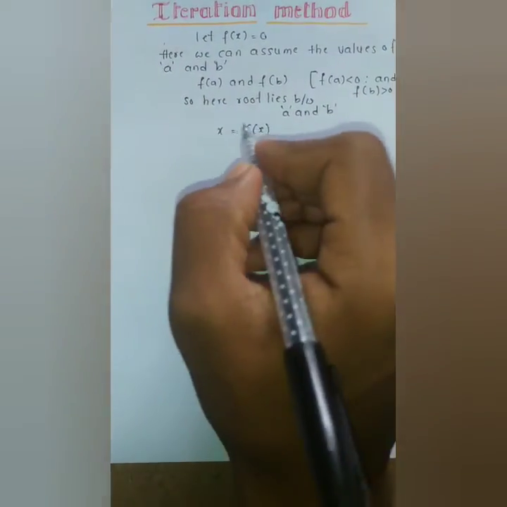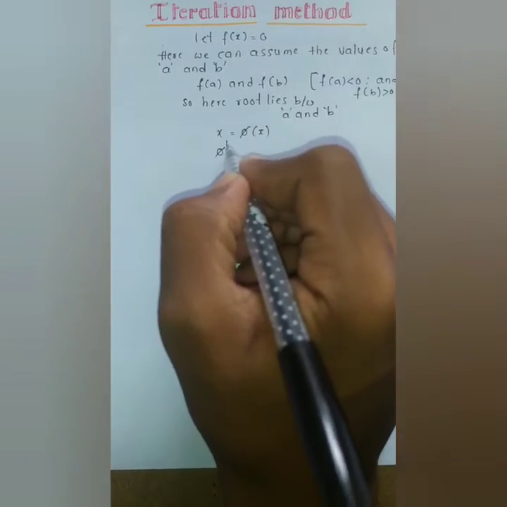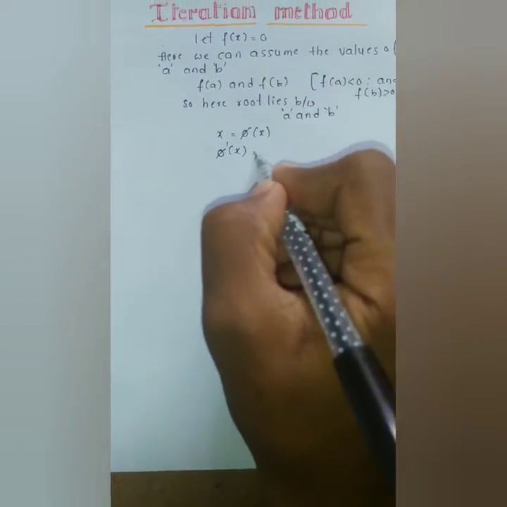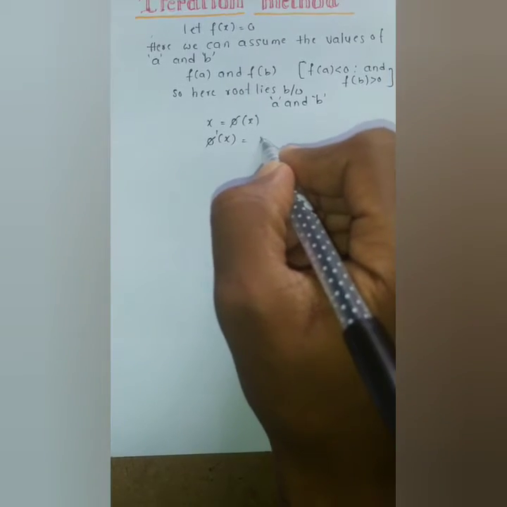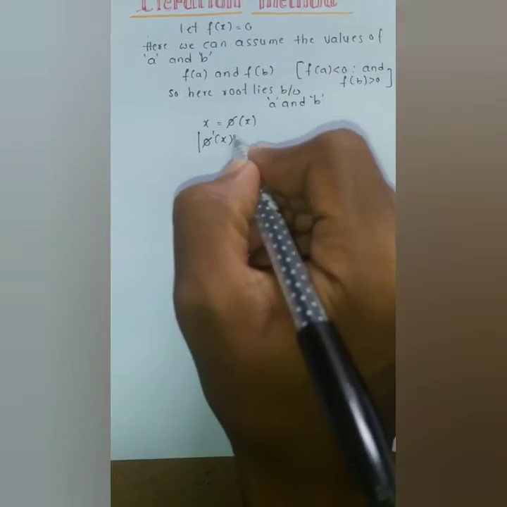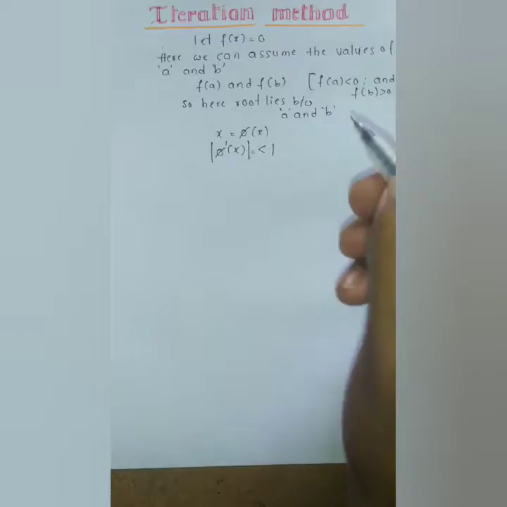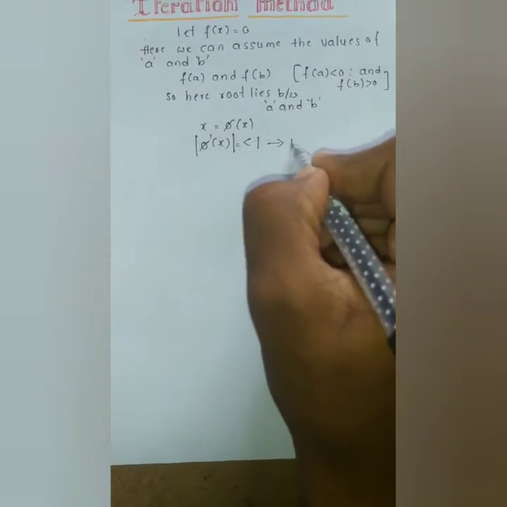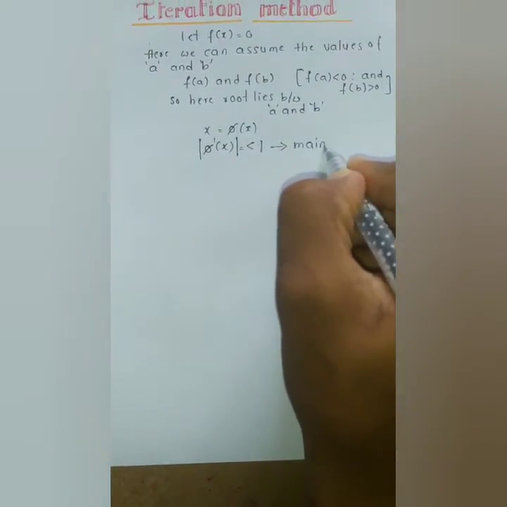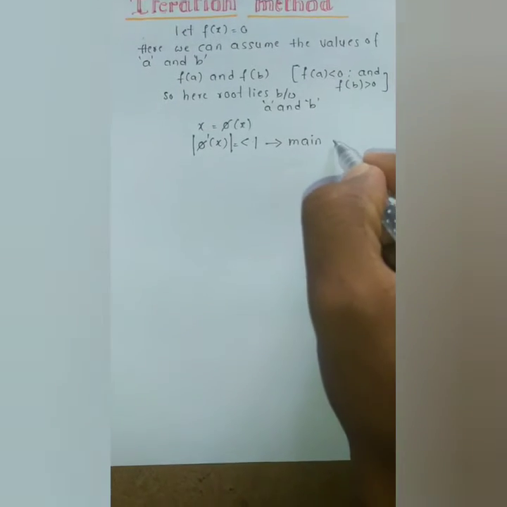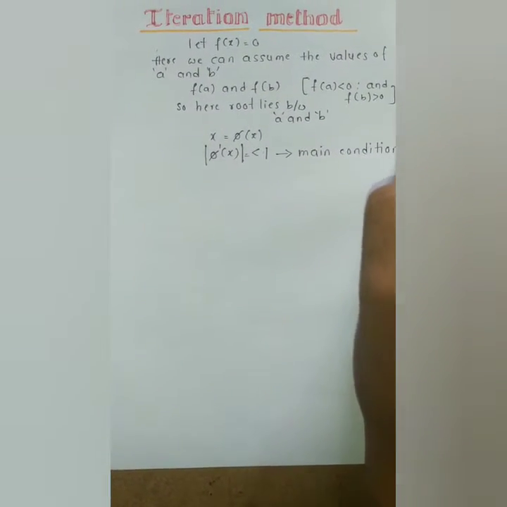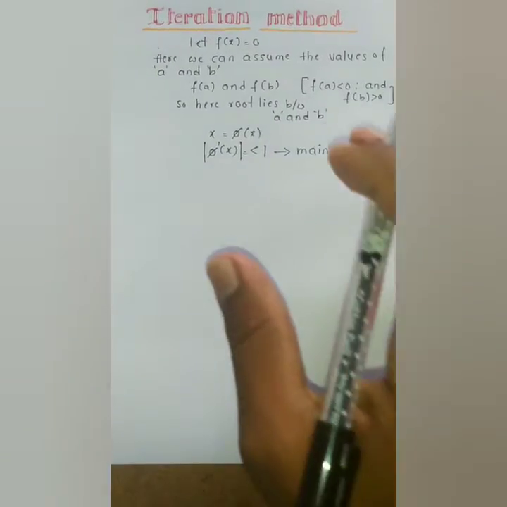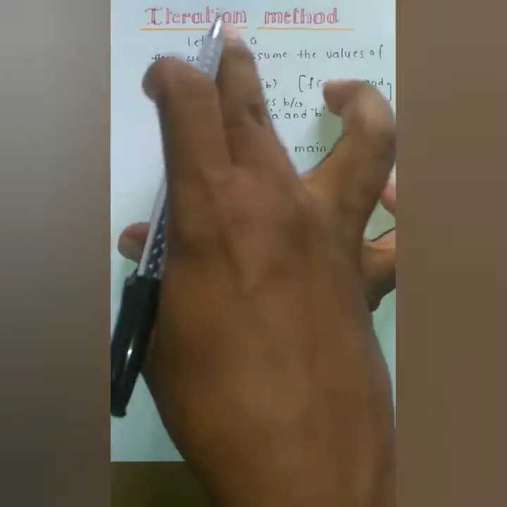The differentiation of phi(x) gives phi dash of x. The phi dash of x value is always less than 1. This is the main condition before doing this procedure.